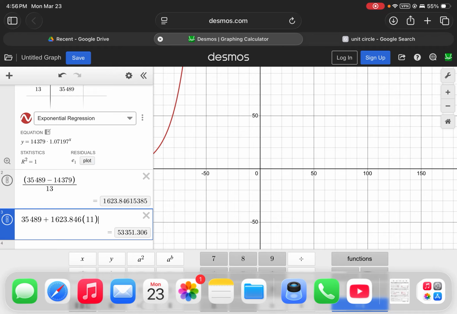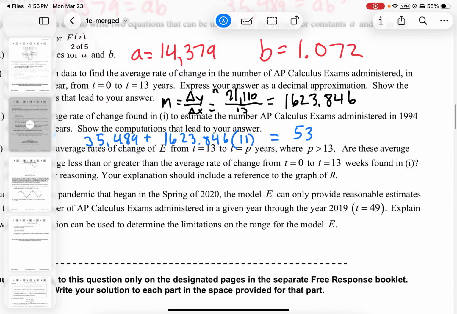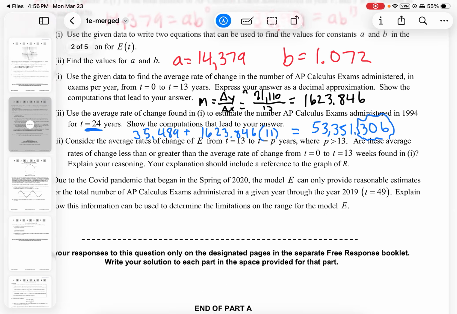Depending on where we round this, I'm curious what the answer guide's going to say. And we might come back to talk about this, but we're going to call it 53,351.306. I'm a little concerned about the decimal here because I used a rounded number in my answer. We'll see what the answer key has to say about that.